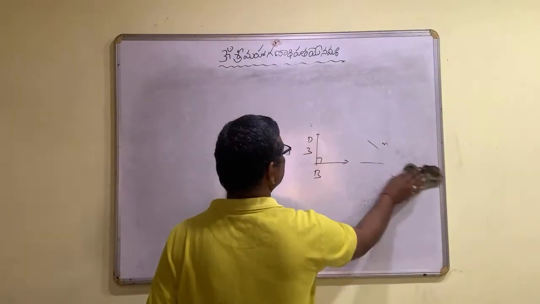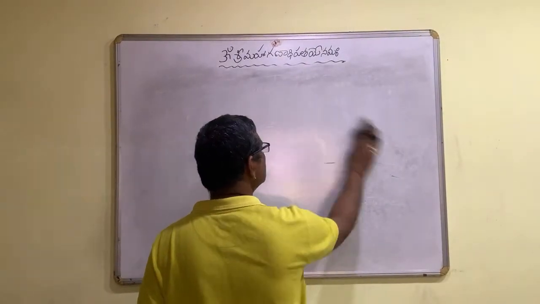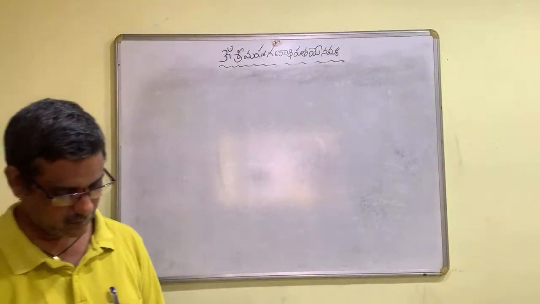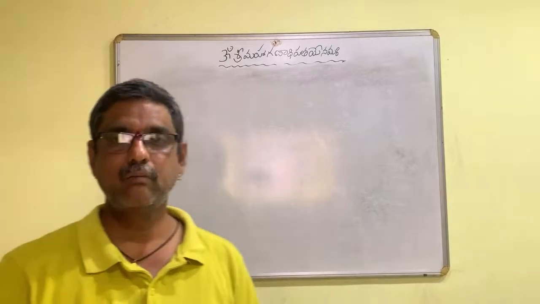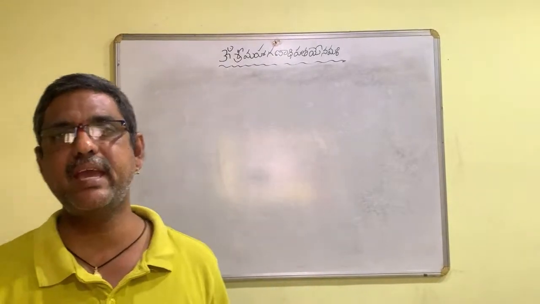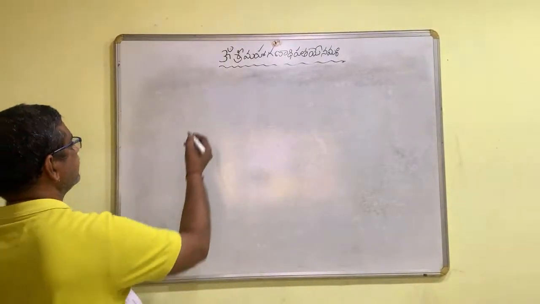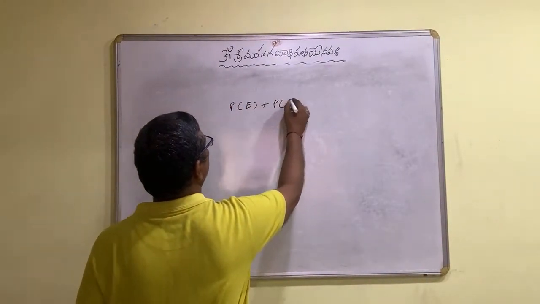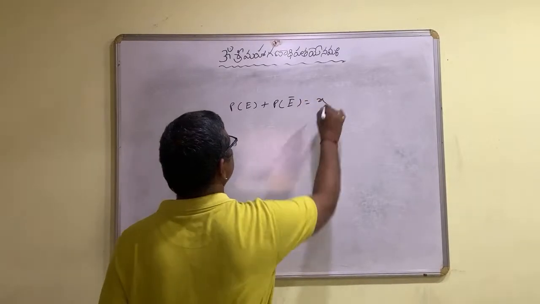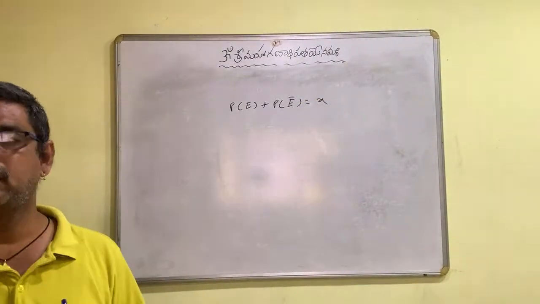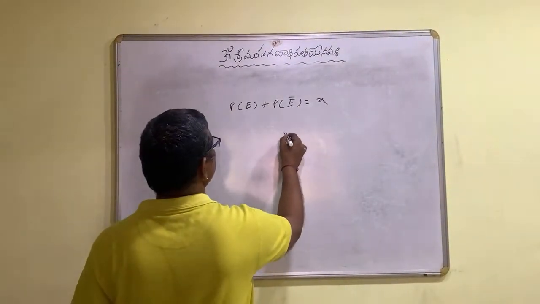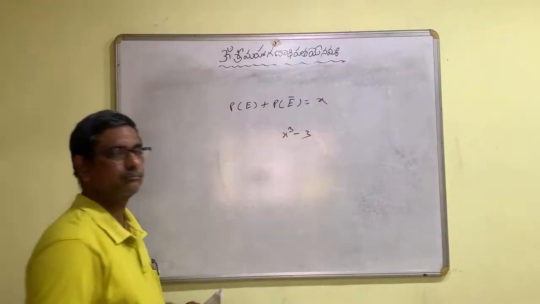Next question. For an event E, P of E plus P of not E is x. It is given x, and we need to find out the value of x cube minus 3.